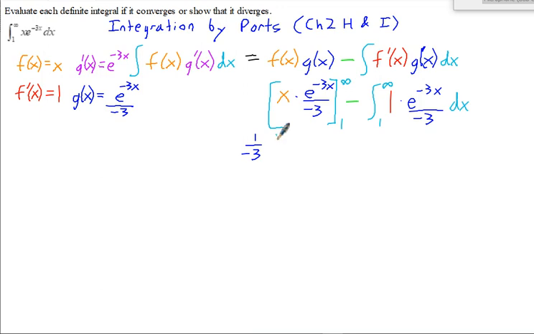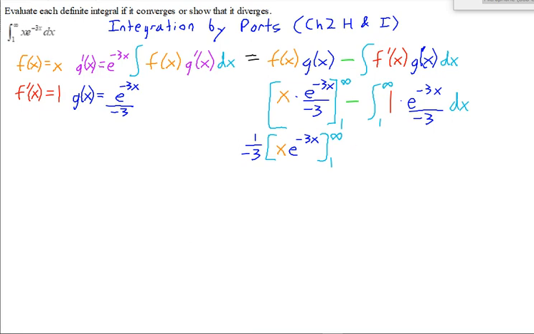And then all that's going to be left is x times e to the negative 3x, from 1 to infinity. Then over here, to make this a little simpler, you can pull out the negative 1/3, but it's already times the negative that's on the outside. That's part of the formula for integration by parts.